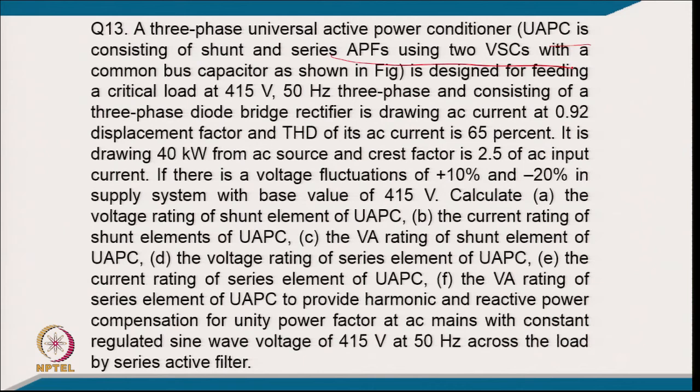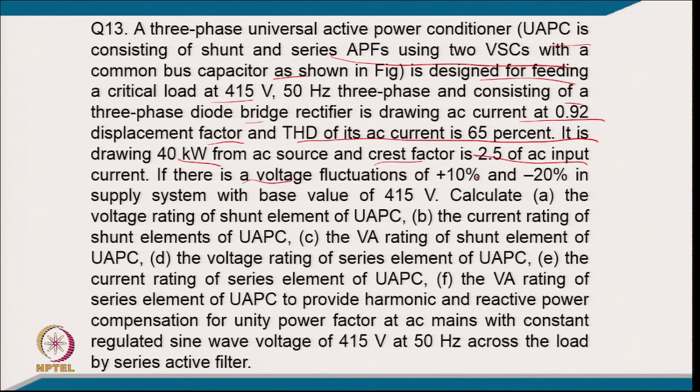Coming to the 13th problem: a 3-phase universal active power conditioner consisting of shunt and series active filters using 2 voltage source converters. The common DC bus capacitor is designed for feeding a critical load of 415 volt, 50 hertz, 3-phase, consisting of a 3-phase diode rectifier drawing AC current at 0.9 displacement factor, and THD of its current is 65%. It is drawing 40 kilowatt from the AC source, and the crest factor is 2.5 of the AC mains current.